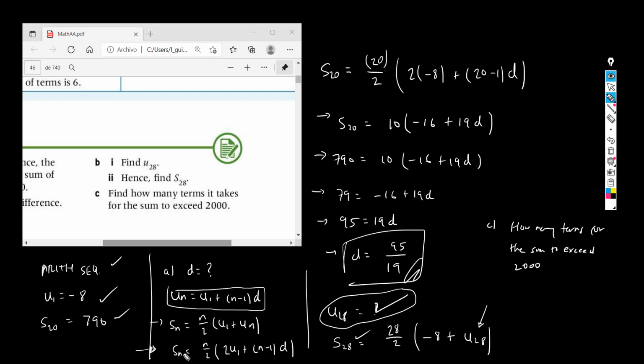Why? Because of this. You want the sum to exceed 2000. So you want this to exceed 2000. So at least let's make it 2000 at least. I'm gonna continue that in yellow here.